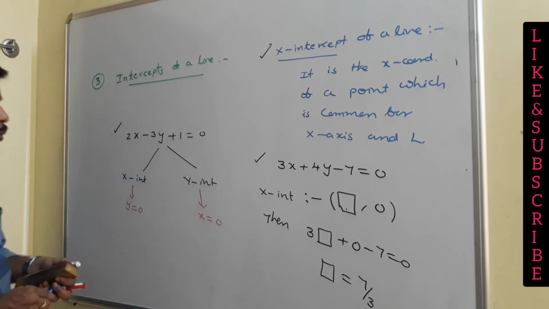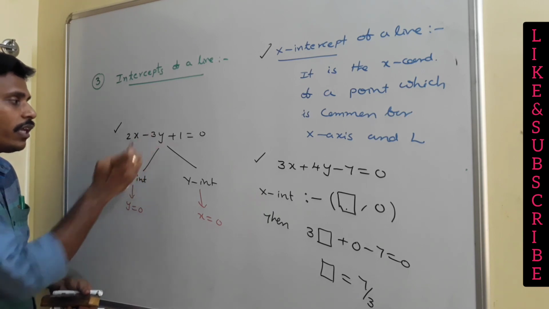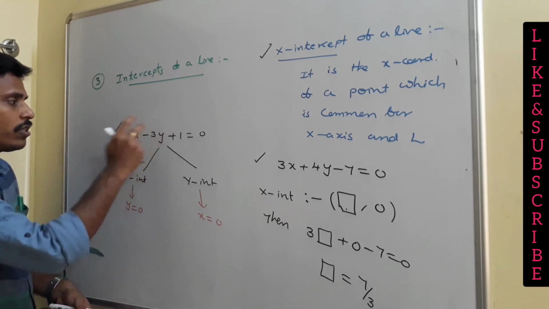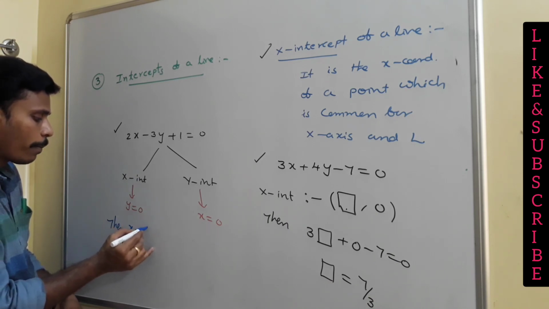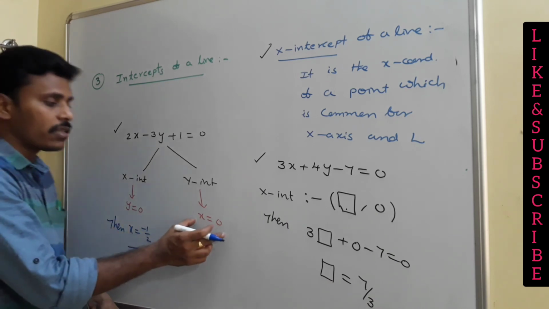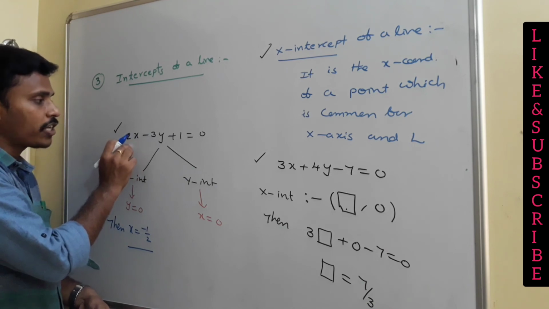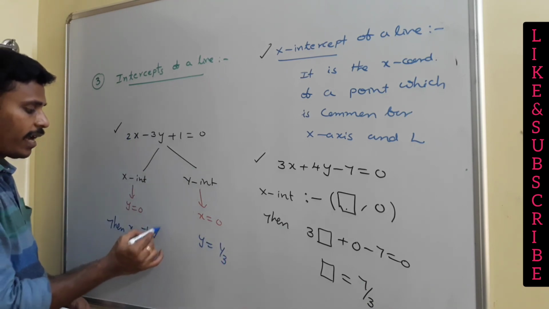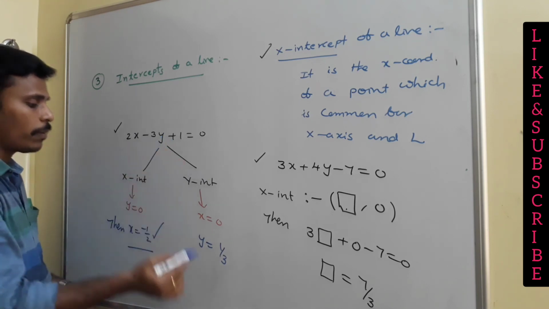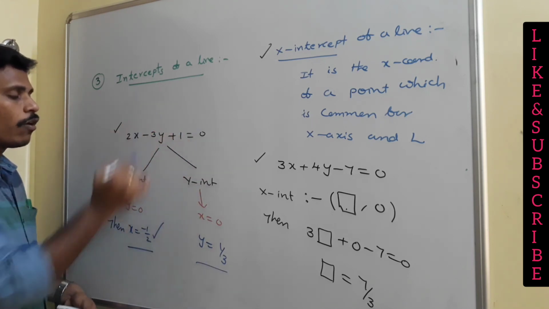Since y is equal to 0, this term vanishes, and you get x is equal to minus 1 by 2. Since x is equal to 0, this term vanishes, and from there you get y is equal to 1 by 3. So at the end, minus 1 by 2 is the x-intercept and 1 by 3 is the y-intercept for this line.